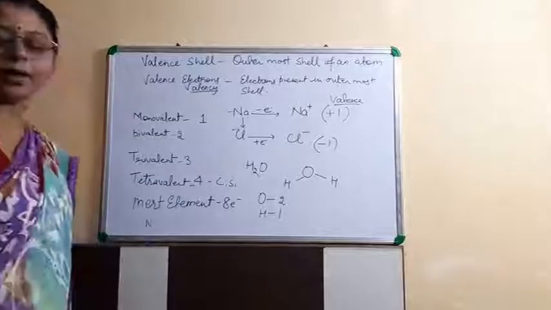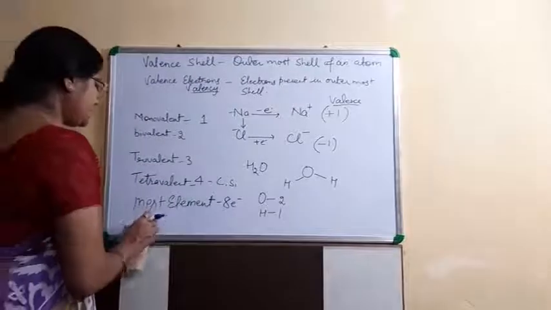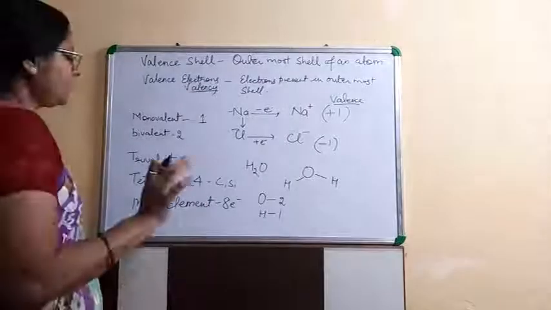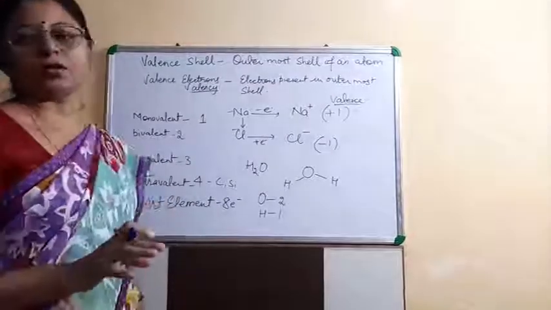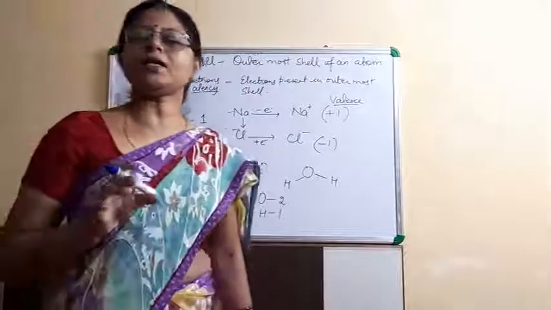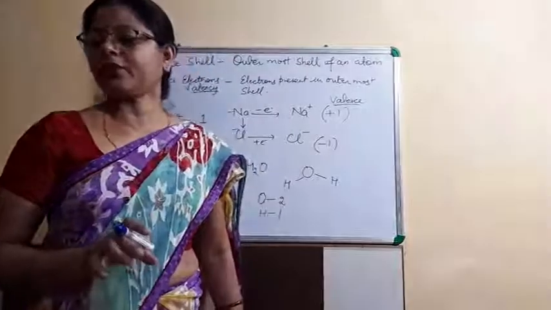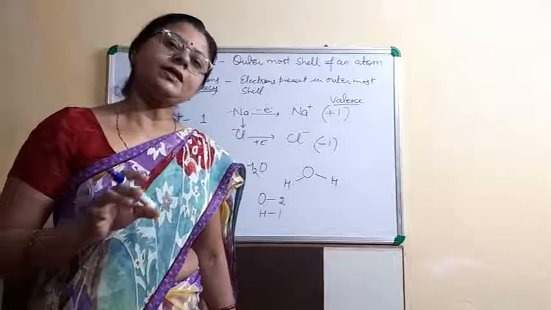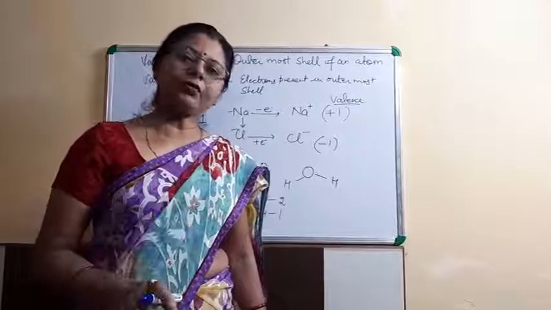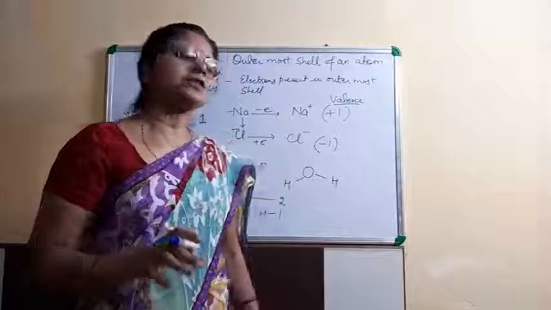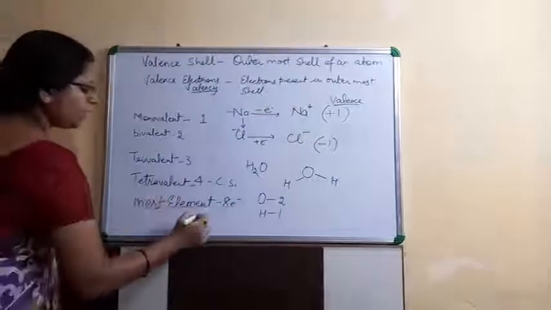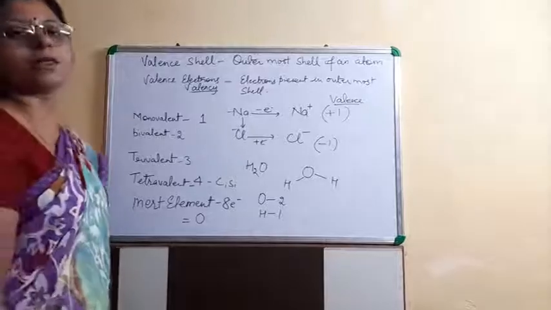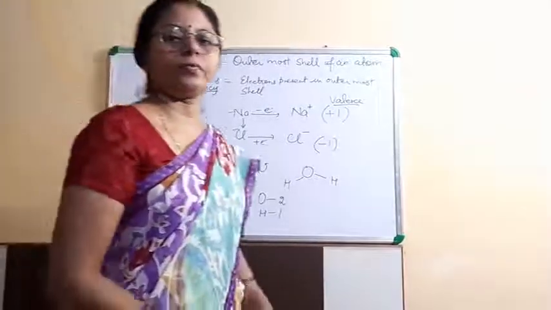So if an element has 8 electrons in its outermost orbit, valence shell, it is inert in nature. Means chemically it is non-reactive, chemically stable, and the valency of an inert element is 0. Means their combining capacity is 0.